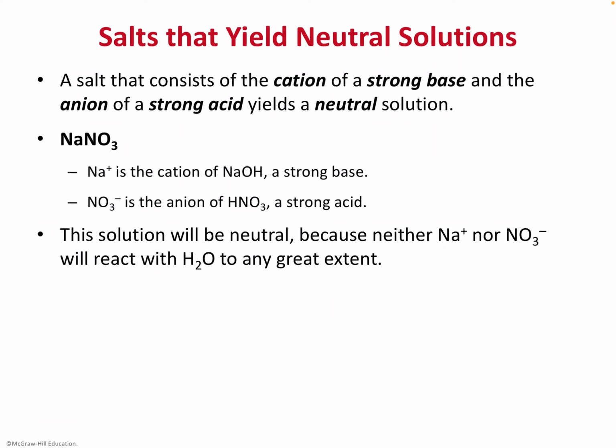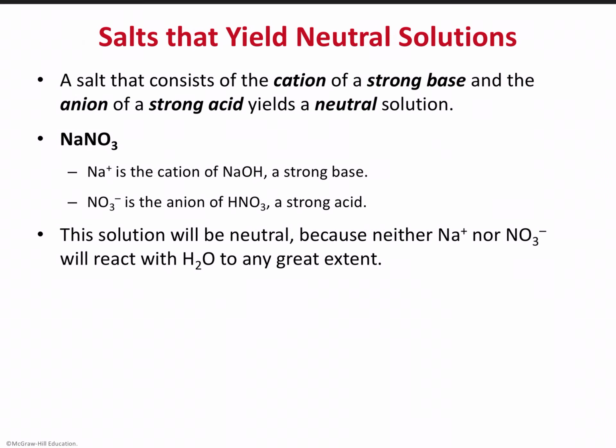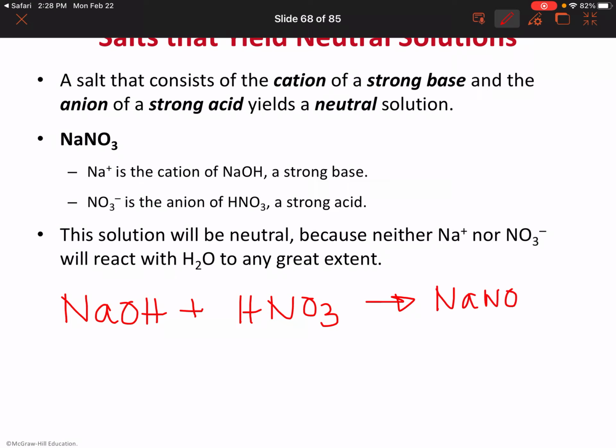Okay. For example, if I showed you what this means, let's say you have a strong base, sodium hydroxide, and then you have a strong acid, nitric acid. So sodium hydroxide and nitric acid are going to form sodium nitrate plus water.